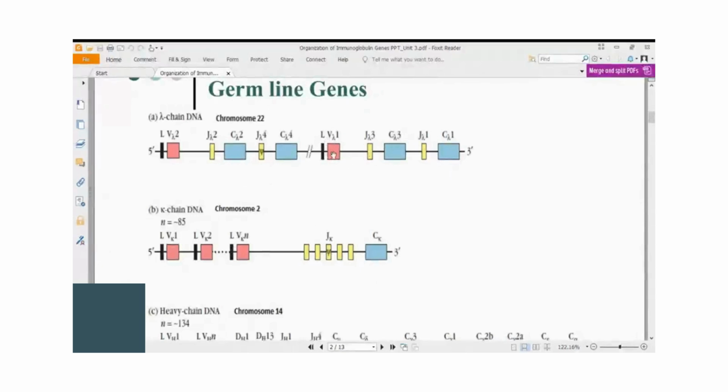The variable region at the 5' end should recombine with the constant region lying at the 3' end, using the J segment in between as a junction or joining segment.